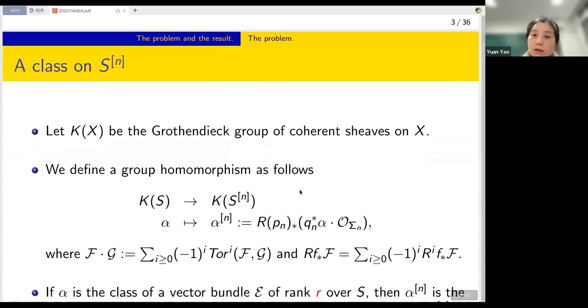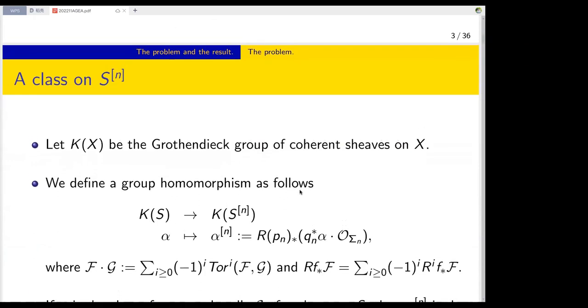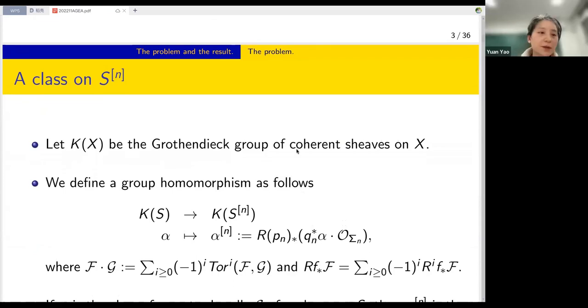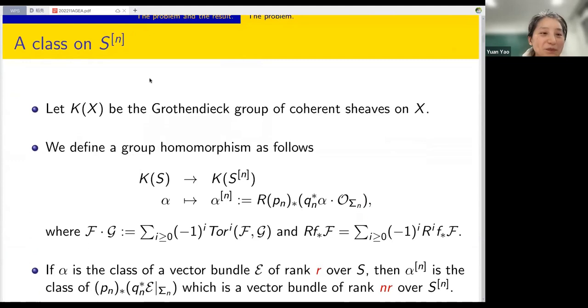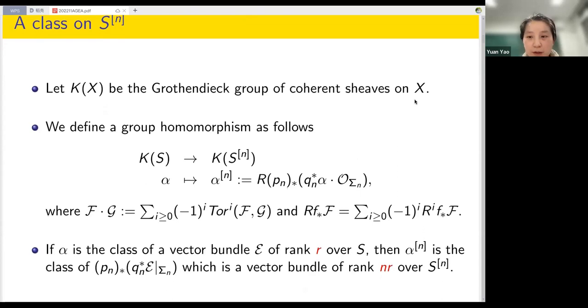We have a special class on this Hilbert scheme of points. Let K(X) be the Grothendieck group of coherent sheaves on X. We have a group homomorphism from K(S) to K(S^[n]). For every alpha, we denote by alpha^[n] this class.